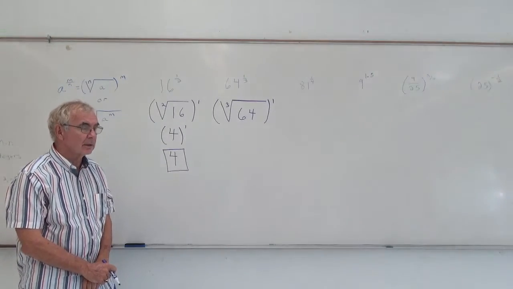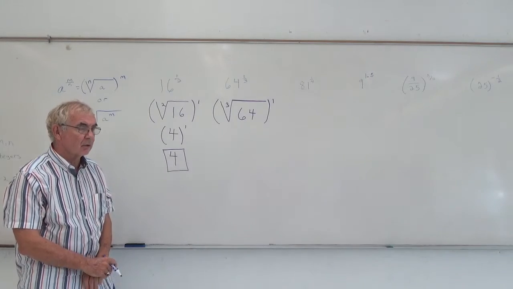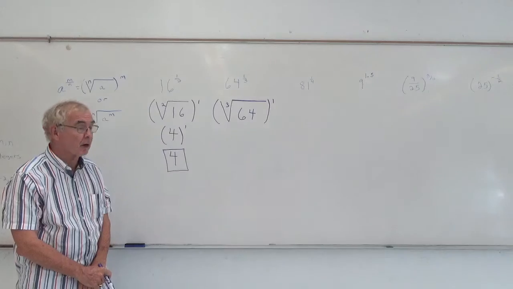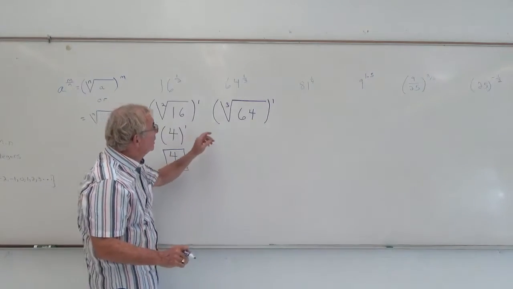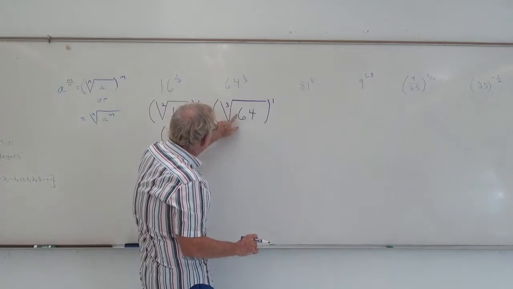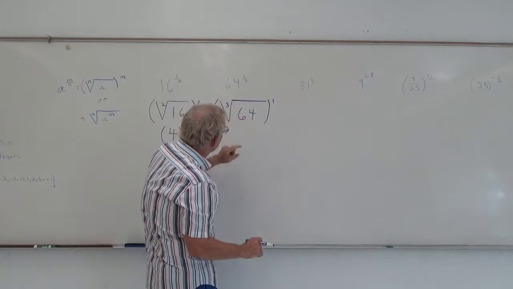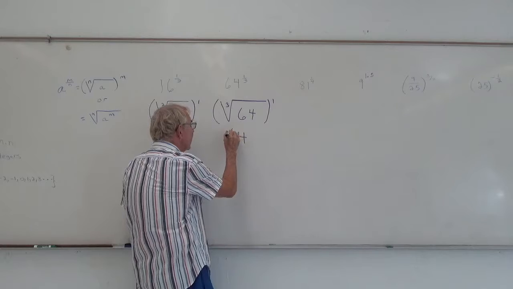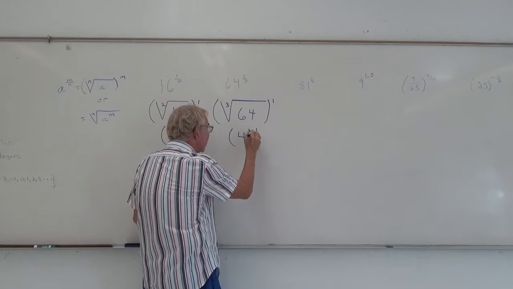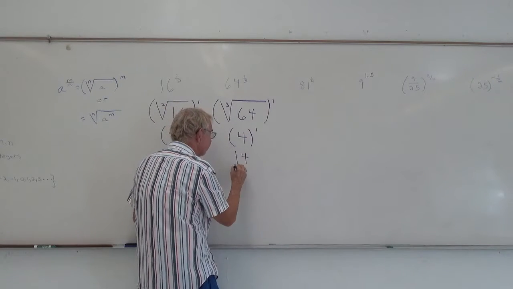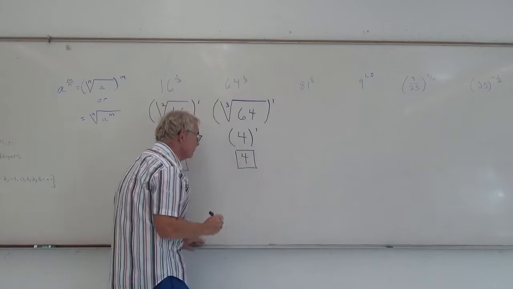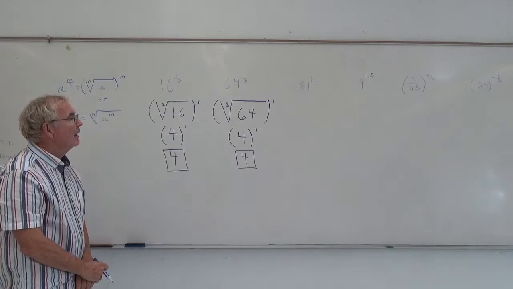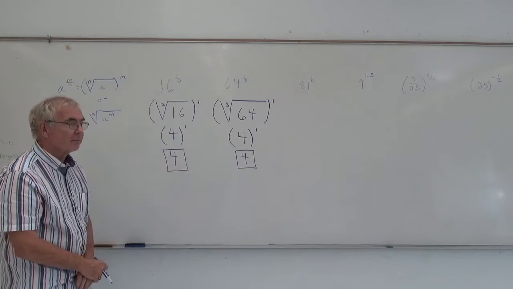So that's 16. And 16 times 4, you might have to scribble it out on your paper. 16 times 4. Hey, that's 64. So this is called the cube, the third root of 64, which is 4. And you raise it to the first power, which is 4. That's your answer. There it is, those 4s.